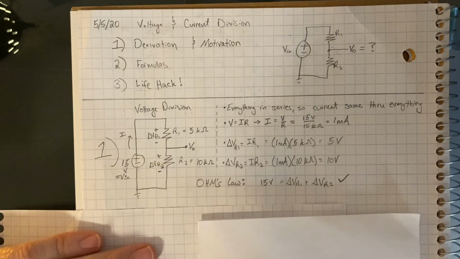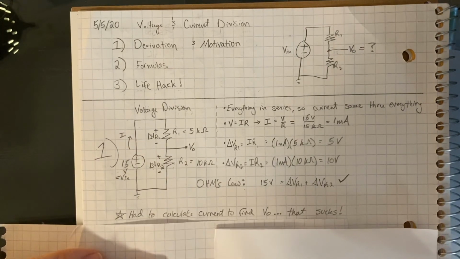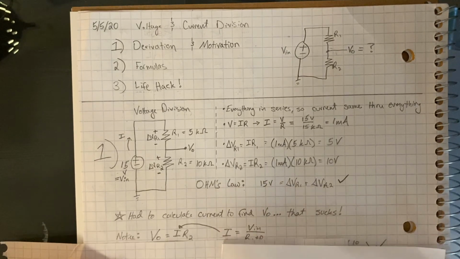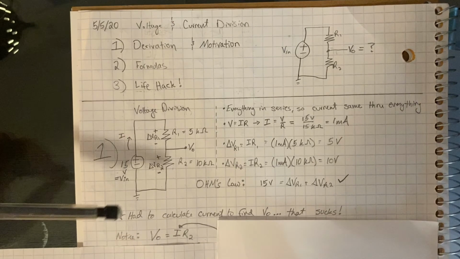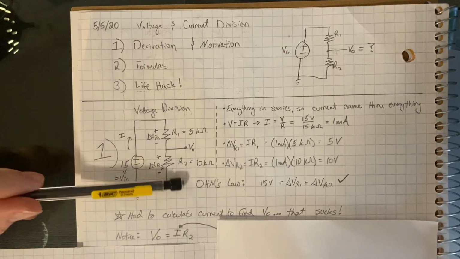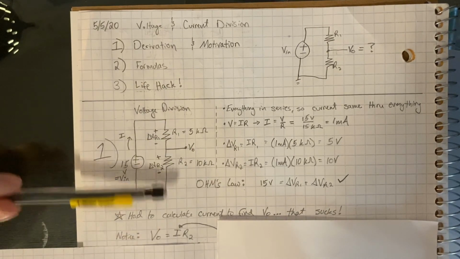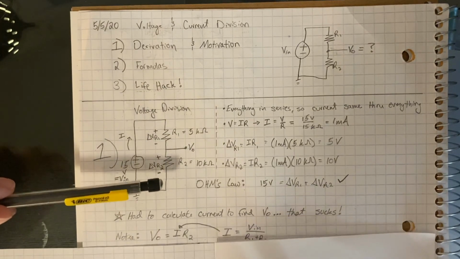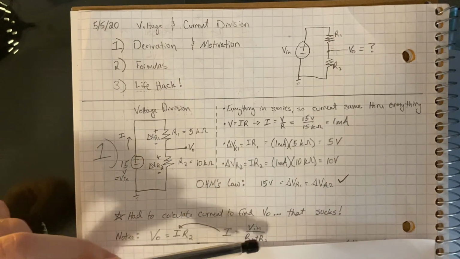But we had to find the current, and we didn't even use it, so that kind of sucks. There's probably an easier way to do that, and there is. If we notice here that V out, or just the voltage across this R2, which we're interested in, we know it's the current times its resistance, but we don't really need the current directly if we know that it's the voltage over the sum of the resistances.